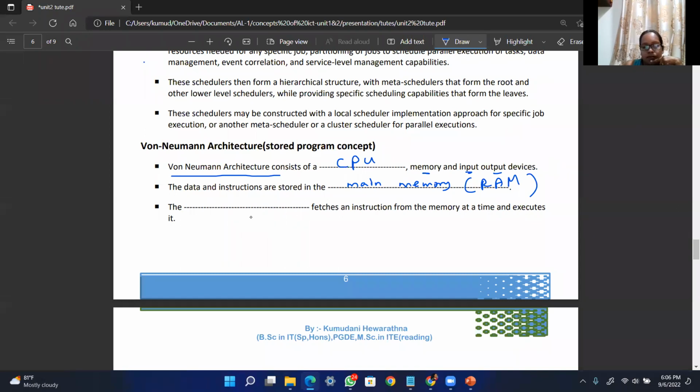What is the part that fetches data from the RAM? CPU, right? CPU fetches the data from the RAM. And now the participants here, 4 have been missed. I have to note down who those are.